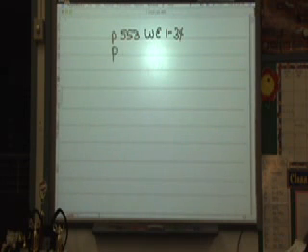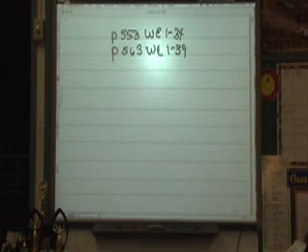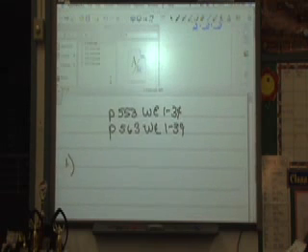We're going to do the first half, which is on page 553, written exercises 1 to 34. And then the second half, after we go through the vocabulary, is 563, written exercises 1 to 39. So right now we're on 553. And have your calculators handy.